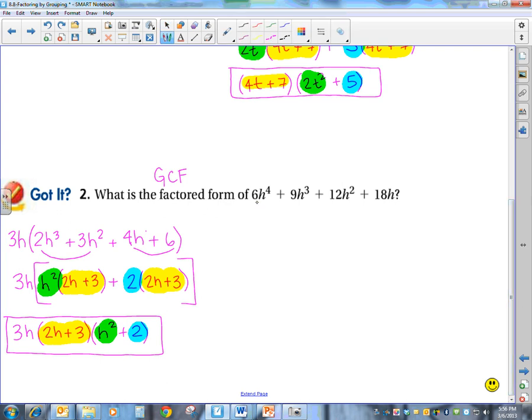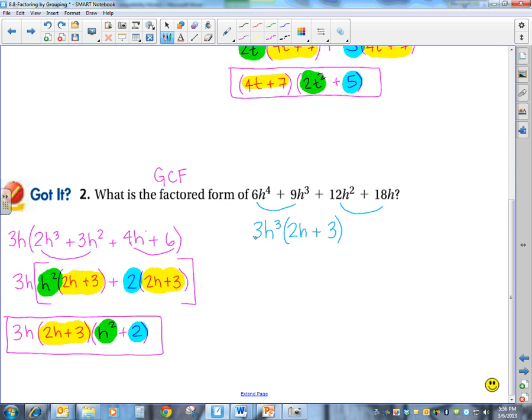What if I didn't notice the GCF and I just went ahead and factored it? Between 6 and 9, I have 3. I have an h in both, and the lower exponent is 3, so I would take out my 3h cubed. And what I would have left would be 2h plus 3.